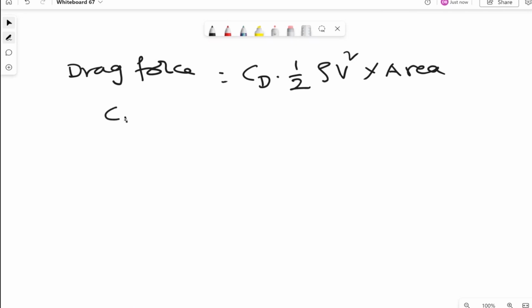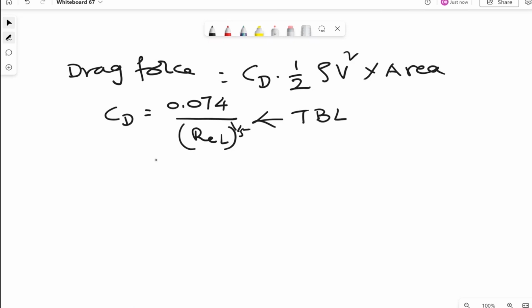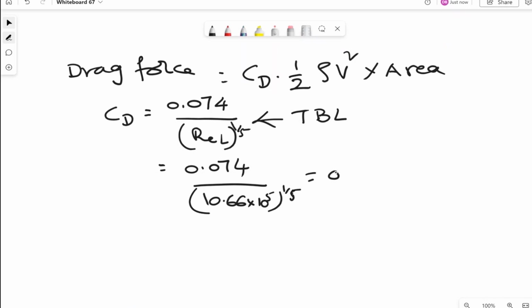So C_D is equal to 0.074 divided by Re_L whole to the power of 1 by 5, because it is a turbulent boundary layer. So this is 0.074 divided by 10.66 into 10 to the power of 5, whole to the power of 1 by 5. So it leads to 0.00488. This is the C_D value.